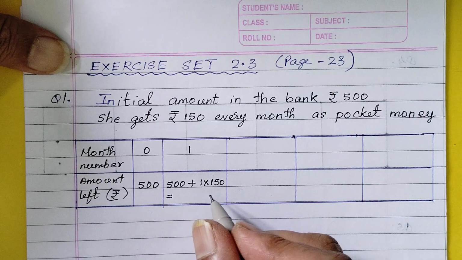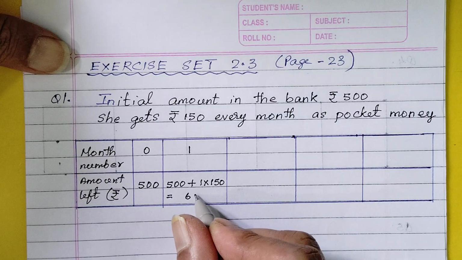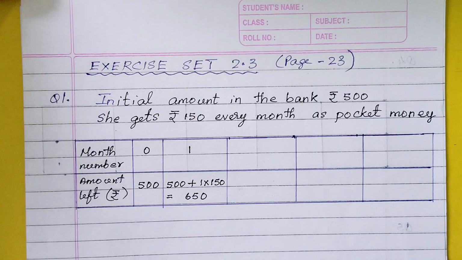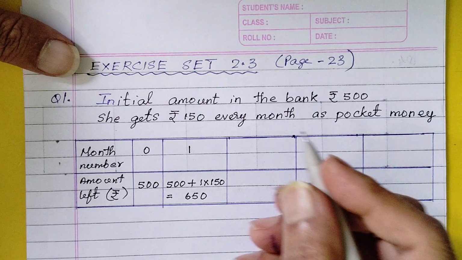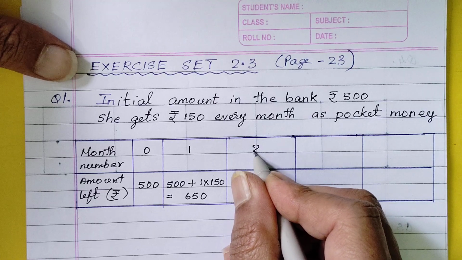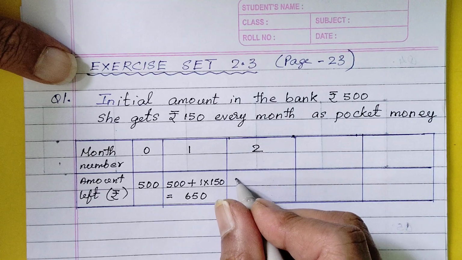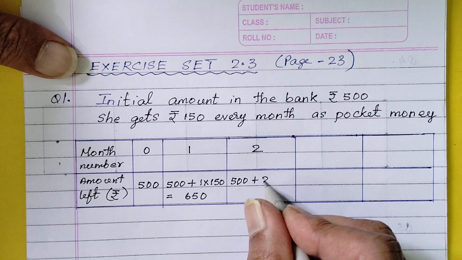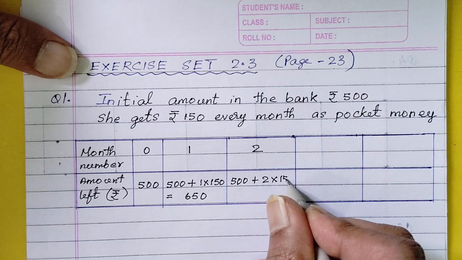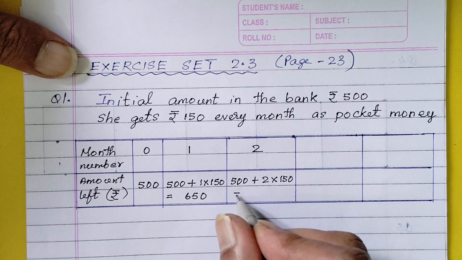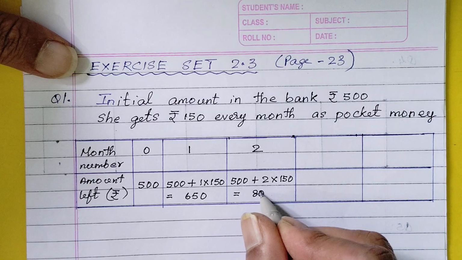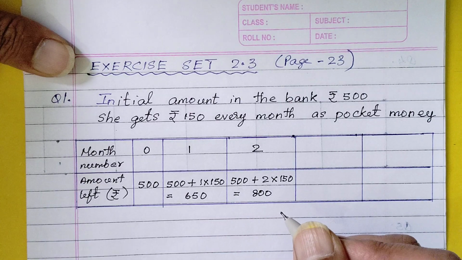That's equal to 650. So at the end of 1 month, the amount left in the account is 650. At the end of the second month, the amount left will be 500 plus 2 into 150, that will be equal to 800.